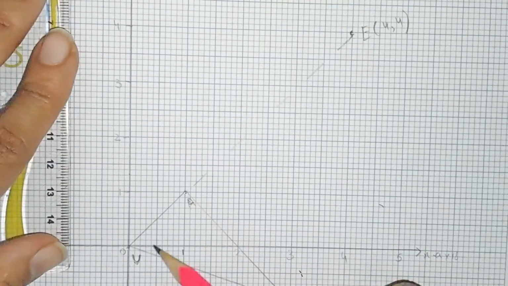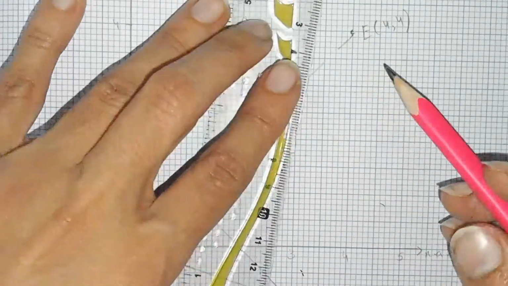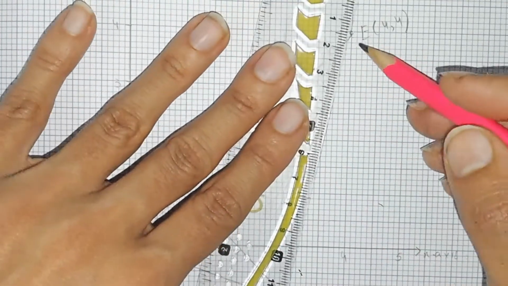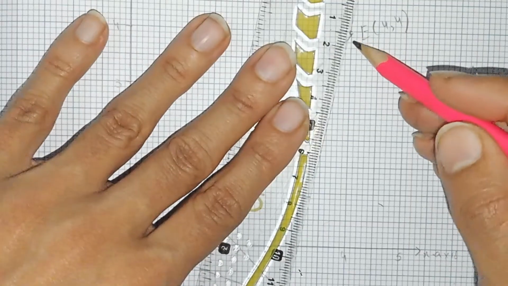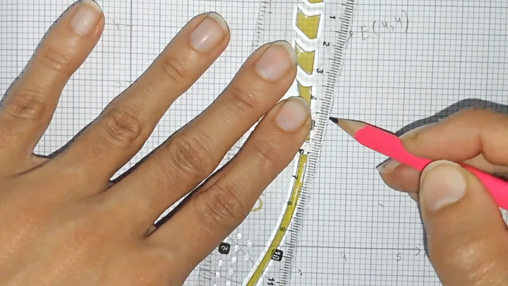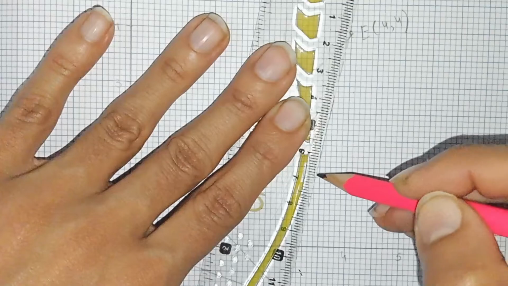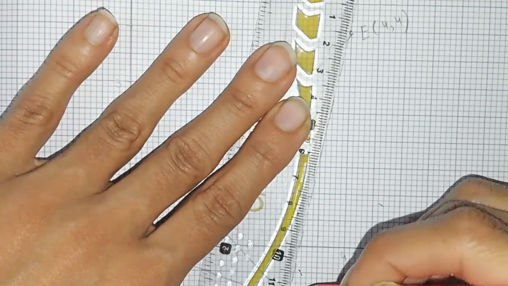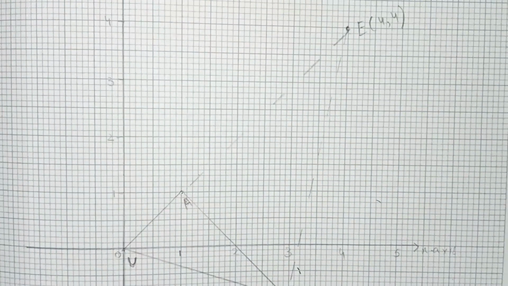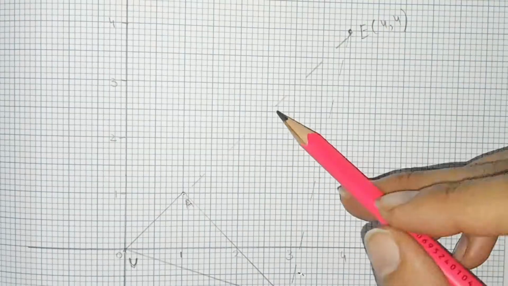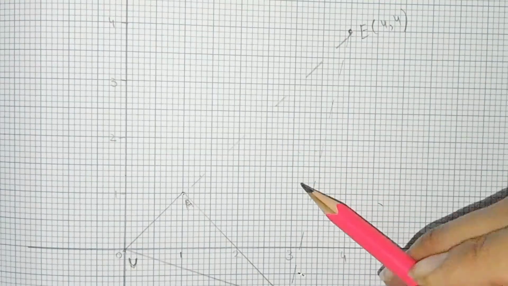Points A and C come under this line, and this is the point B. Our triangle must be in this area.